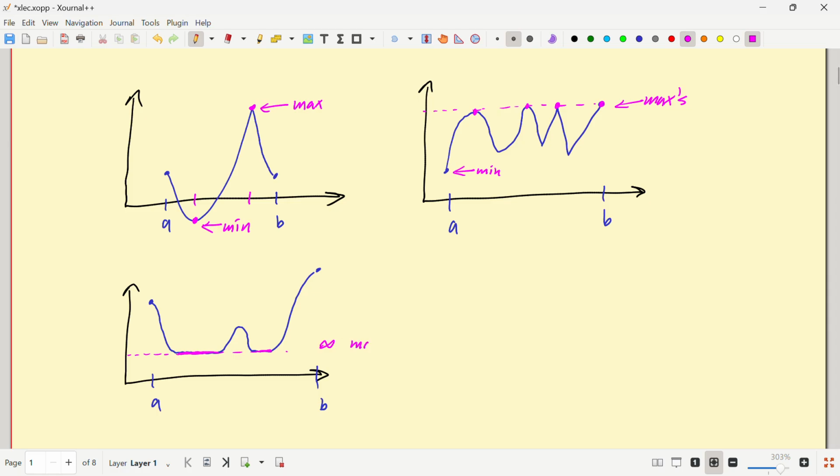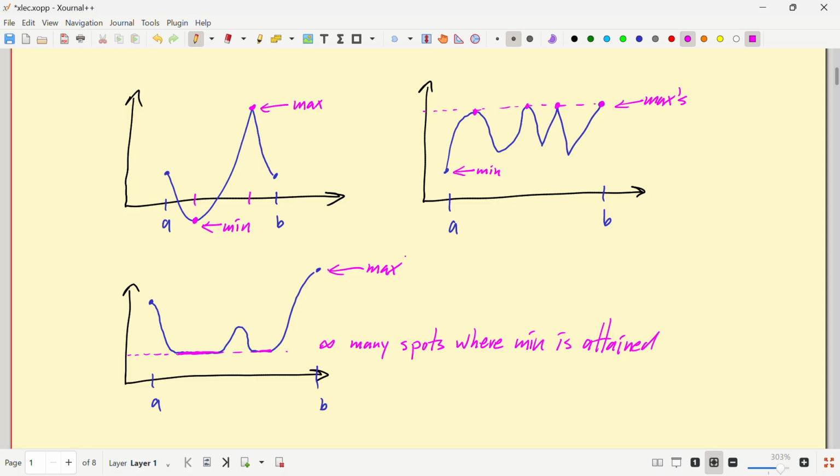Infinitely many spots where the min is attained. Here's the max. So all I have to show you in today's theorem is that there is at least one.